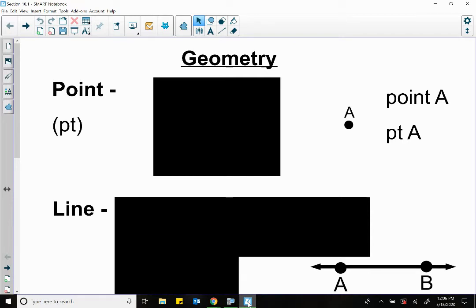And then from there, you start getting statements that are understood to be true. We call those postulates. And then from the postulates, we start getting theorems. Theorems are things that we can use with those postulates and those undefined terms to help us create other objects that we can prove in our geometry.